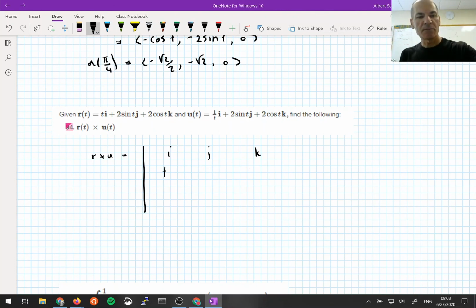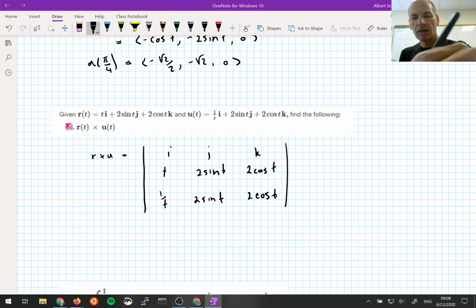It's this component and then 2 sine t, and then finally 2 cosine t. And then the second vector is 1 over t, 2 sine t, and 2 cosine t. And maybe it's been a while since we've done this.